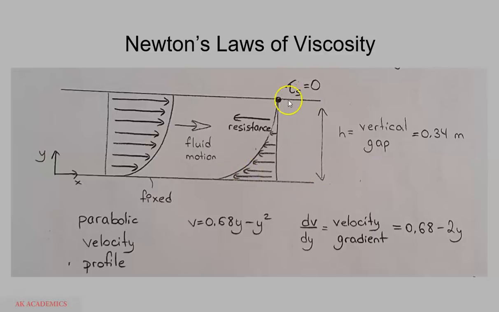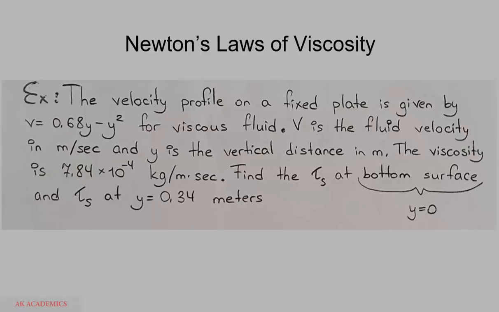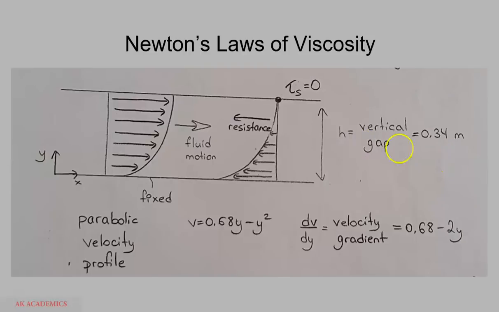You can see the gap between the two plates is given as h, which is usually referred to as a vertical gap, and in the question it is given as 0.34 meters. That's the distance between the two plates, 0.34 meters, because we're looking for tau at the bottom surface where y is equal to 0, and at the point where y is equal to 0.34 meters.